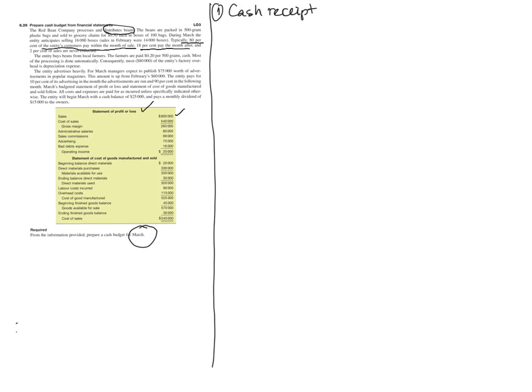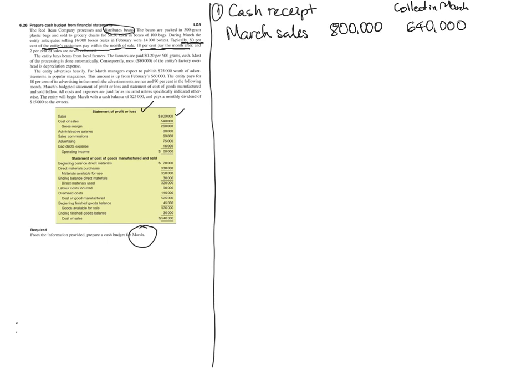Alright, so we have the March sales of 800,000, and collected in March is 80% of this. So you take 800,000 times 80%, so we have 640,000.